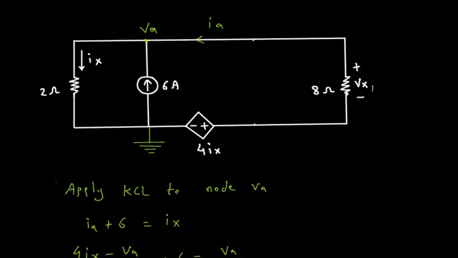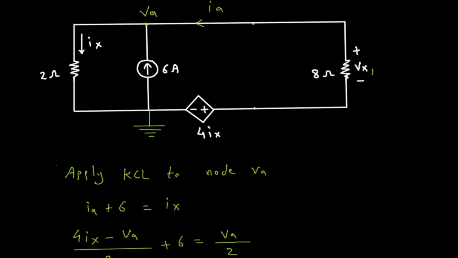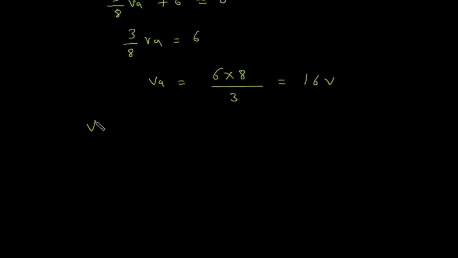What we have to find? We have to find Vx. Vx1 is equal to 4Ix minus VA.